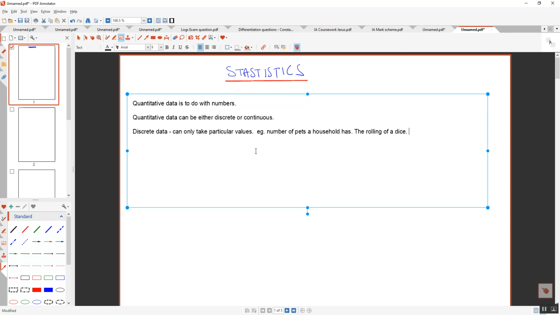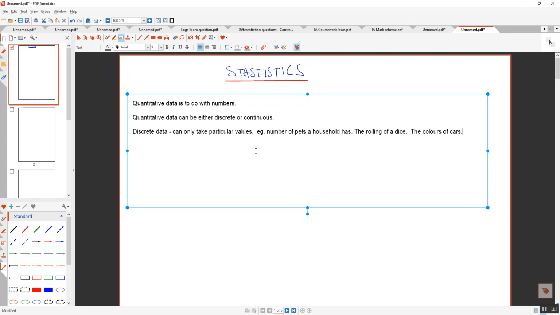Also, discrete can also be things like the colors of cars. I remember when I was at school, we had to go out for geography, I think it was, and write down the colors of cars that were going down a particular road, which I've never understood why. Okay, that's discrete as well, because it's either going to be red, blue, green, black, or whatever, okay?